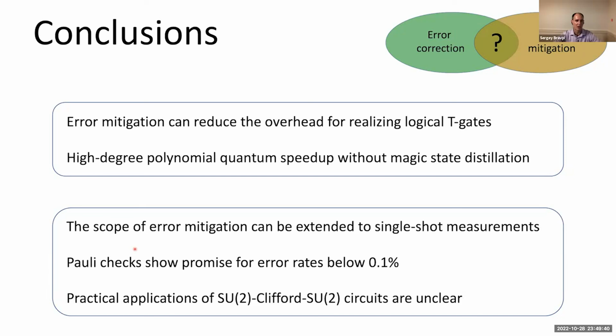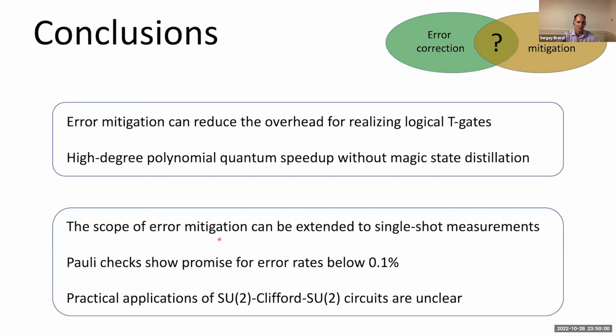And one shortcoming of error mitigation is its limited scope. It only works for expected values of observables. And I showed you that we can do error mitigation in a single shot fashion using Pauli checks.